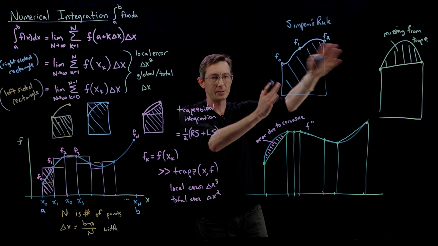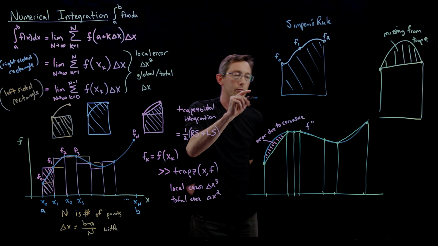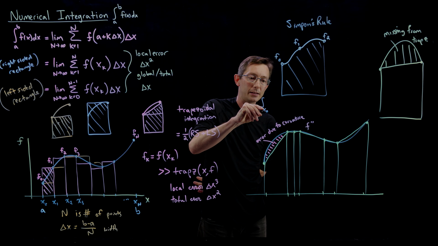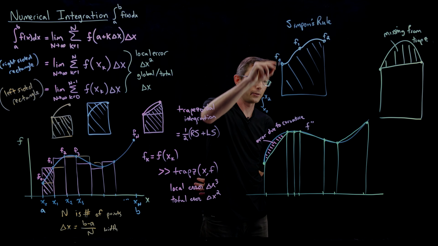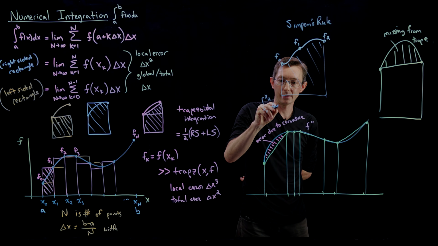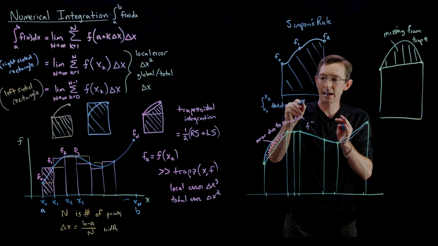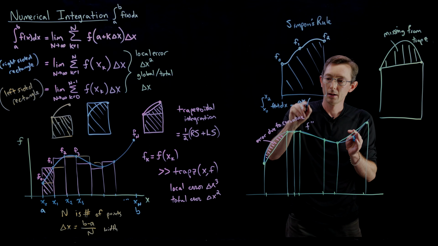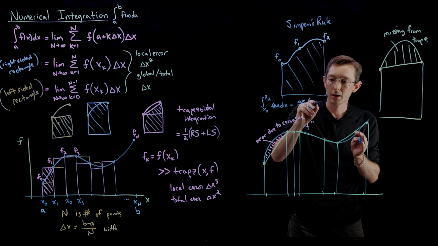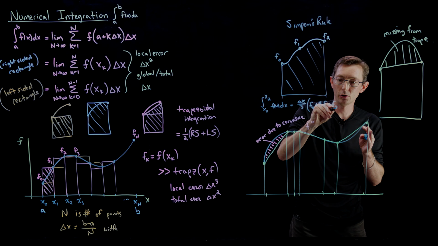You can center this wherever you like, but these are easier indices for me to work with. Simpson's rule says that the integral from x0 to x2 of f of x dx is going to equal delta x over 3 times f0 plus 4f1 plus f2.